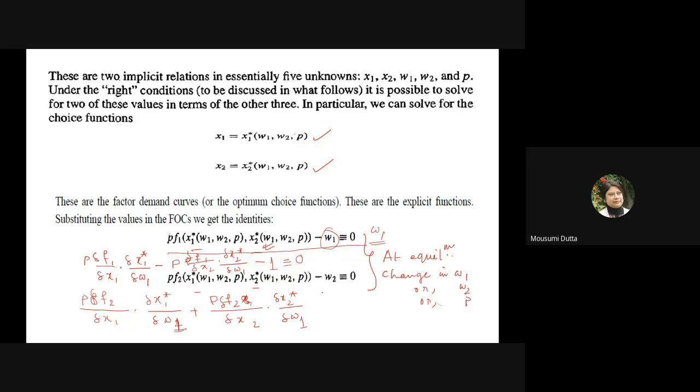And here there is W2. So this expression we will get. Let's check. We got exactly this one: P del F2 by del X1, del X1 star by del W1 plus P del F2 by del X2, del X2 star by del W1 equal to 0.